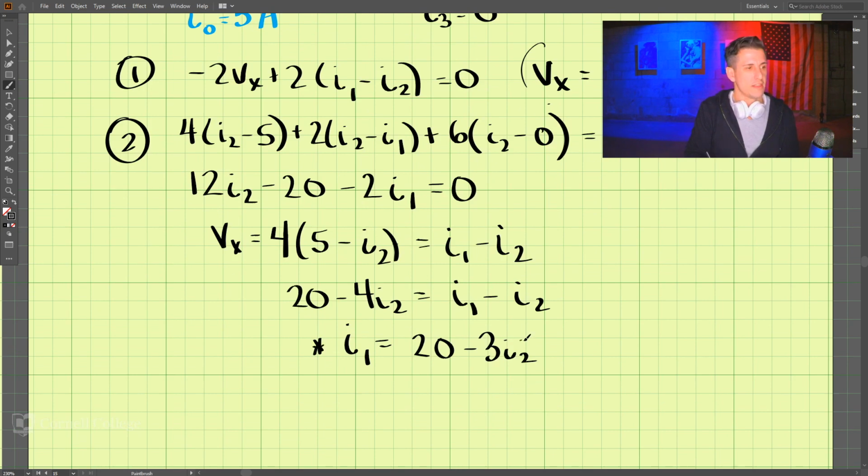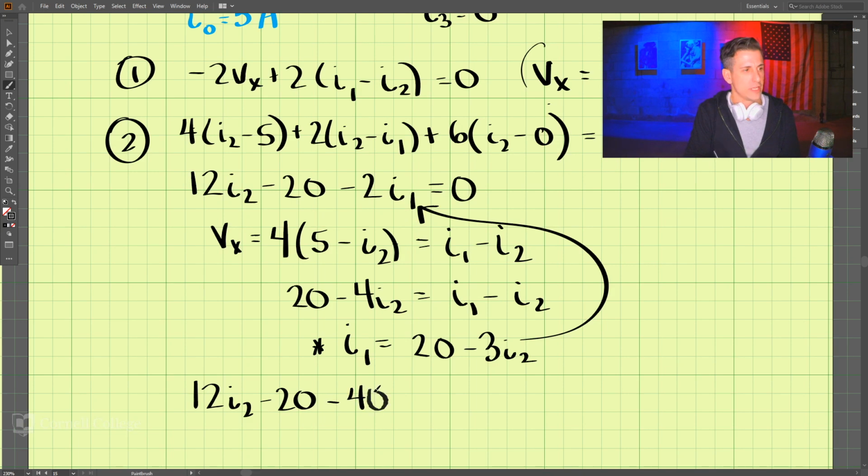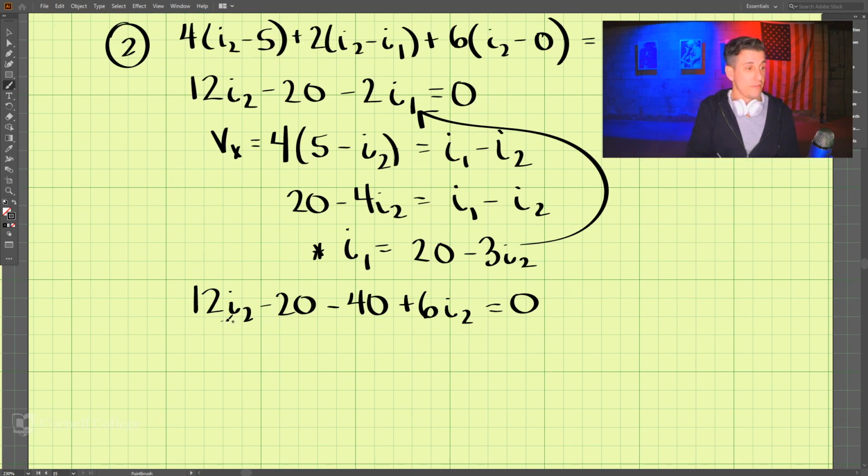And putting this into this equation now, we have 12I2 minus 20. And if we put that in, that's negative 40 plus 6I2 equals 0. And we should be able to solve this pretty quickly.